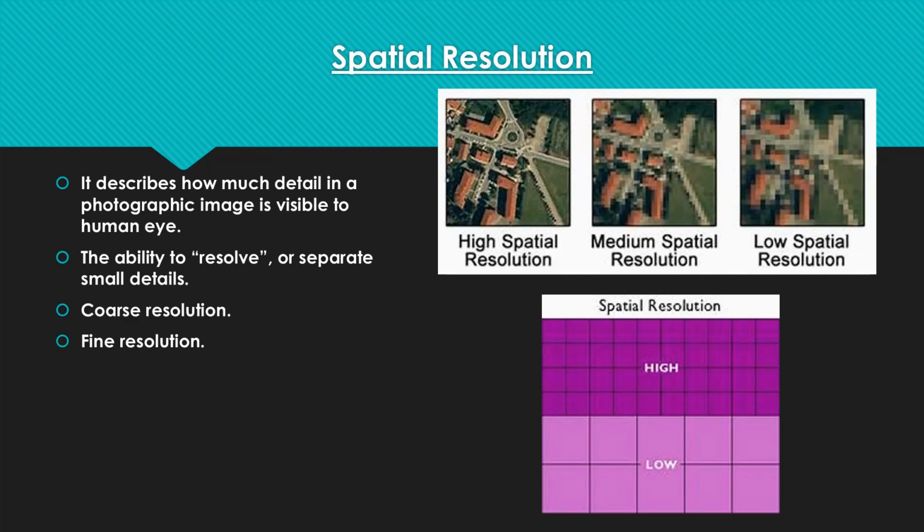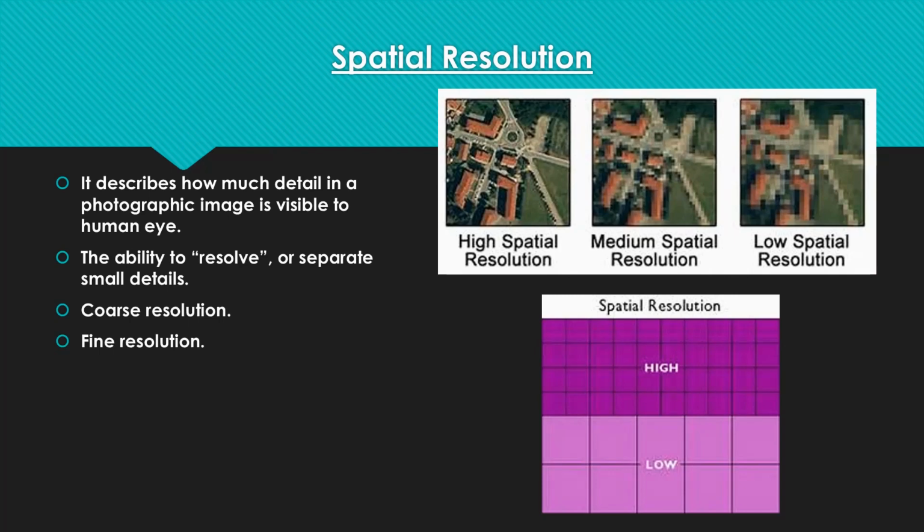As you can see very well, in the high spatial resolution imagery, we can detect various types of features like forest, settlements, roads, etc. Whereas in low spatial resolution imagery, we cannot detect any kind of feature. So basically, the concept of spatial resolution is based upon pixels.